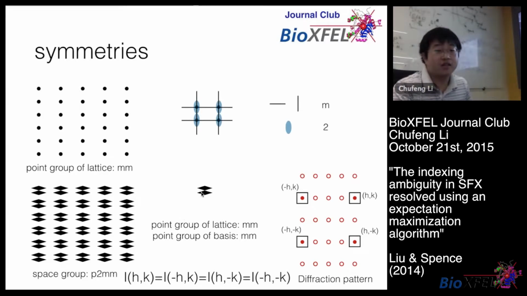We can see that the basis also has mm point group symmetry. So the overall point group symmetry of this space group, P2mm, is just mm. Because the diffraction pattern has the same symmetry as the real crystal structure, the four reflections indicated by the four black boxes, -h k, h k, -h -k, h -k, are symmetric and have the same intensities.